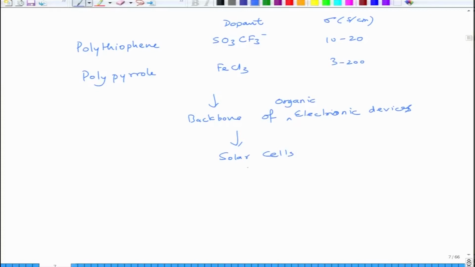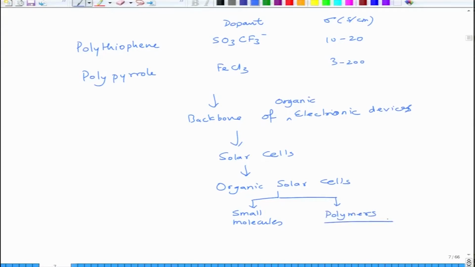Materials which are based on these are called organic solar cells. There are two kinds of materials which we generally use. One is called small molecules. Small molecules are materials of a small molecular weight. They do not have extended chains. And then we have polymers. Polymers are of higher molecular weight.